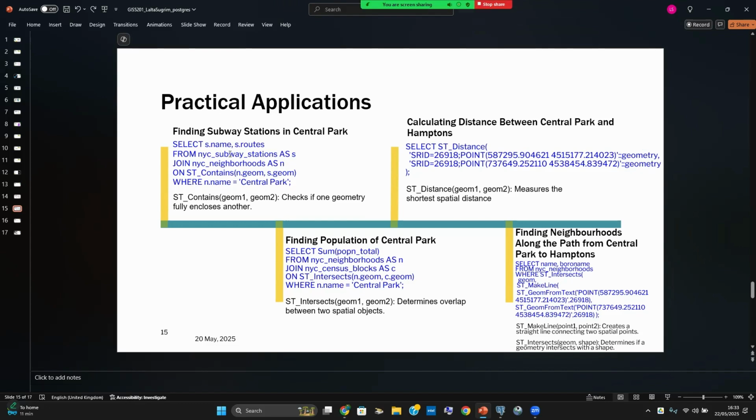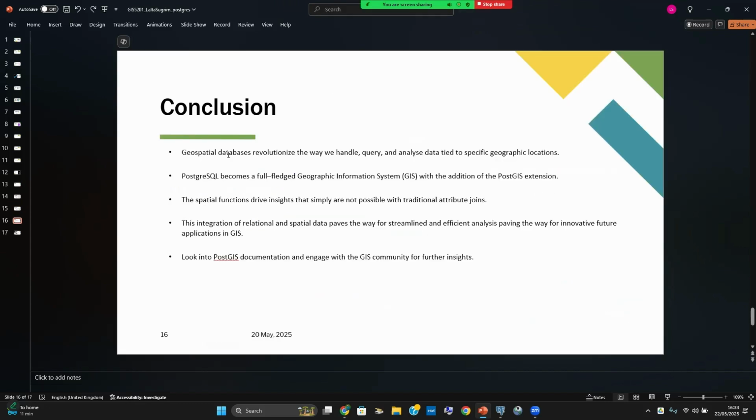So, to conclude, we should understand that geospatial databases revolutionize the way we handle, query, and analyze data that is tied to specific geographic locations.